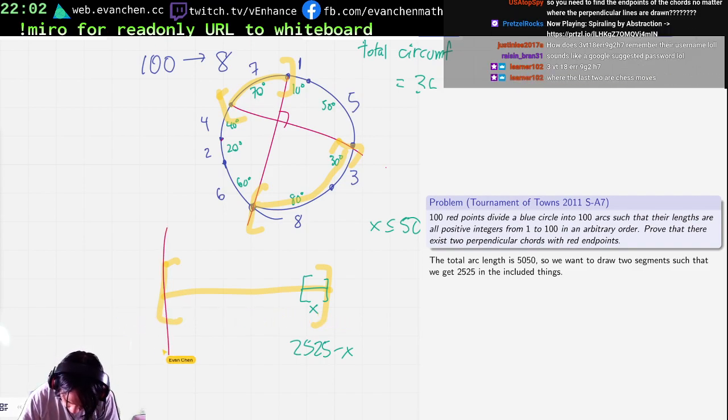So this segment x is failing for this cut and only this cut.